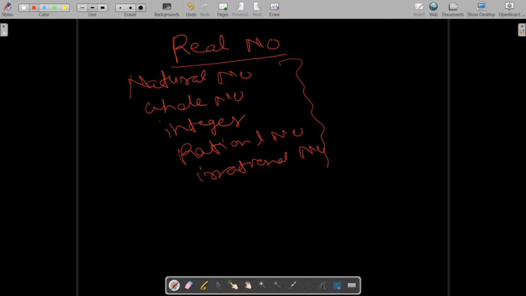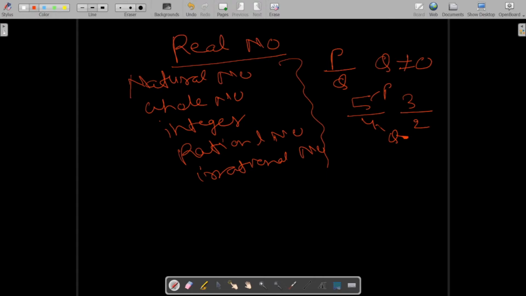So what is a rational number first? Any number in the form of p by q where q is not equal to 0, like 5 by 4, 3 by 2, anything in the form of p by q. This is p, this is q, and this q should not be 0, otherwise it will not be defined.